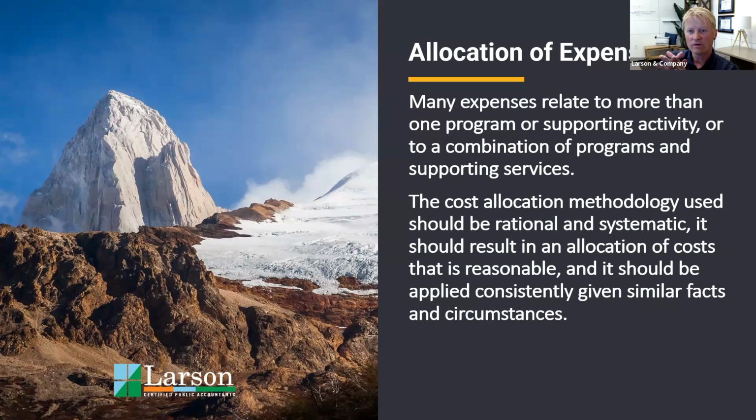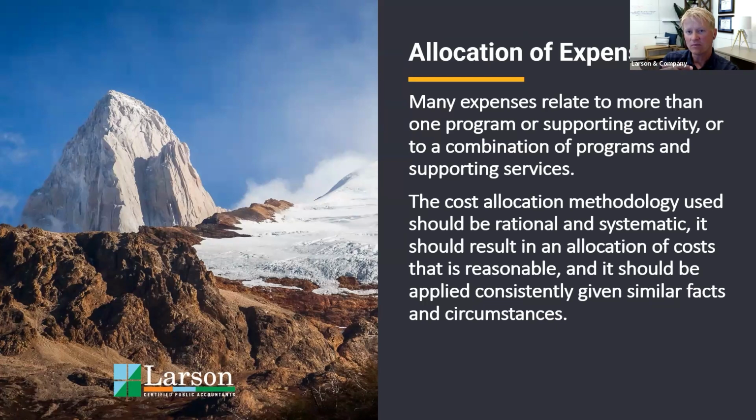So it's important for certain expenses that are going to apply every year to different areas to come up with a set methodology, a set process that you're going to follow in allocating those expenses, and come up with the estimates you use for those allocations.